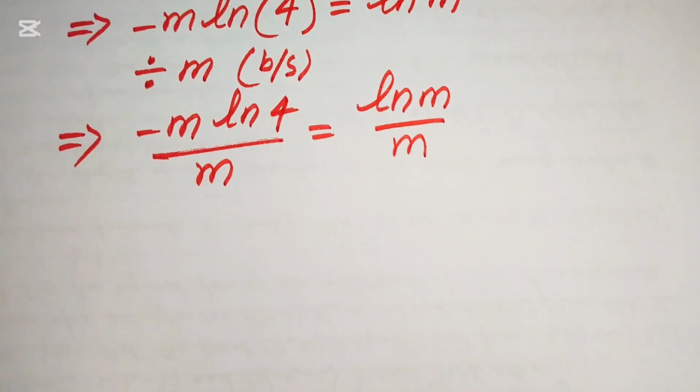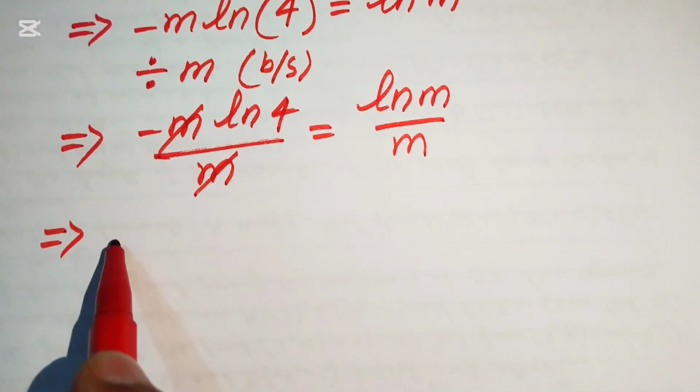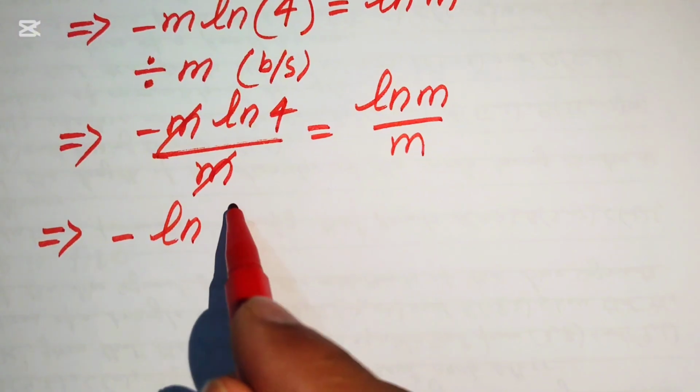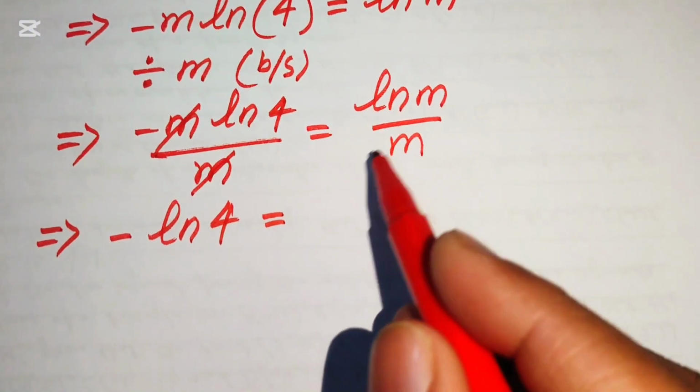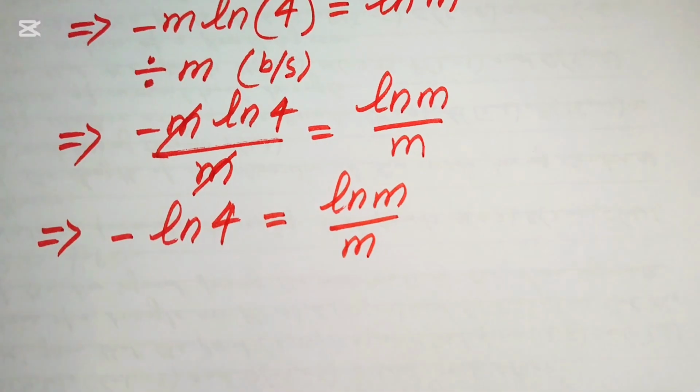Now you see this m is cancelled out by this m, and on the left hand side we get minus log 4 equals log of m divided by m.